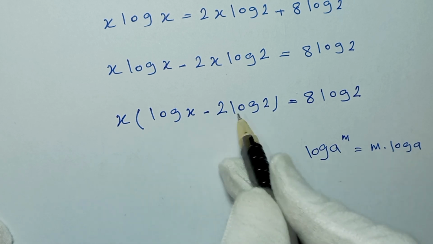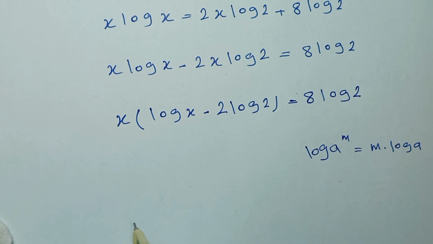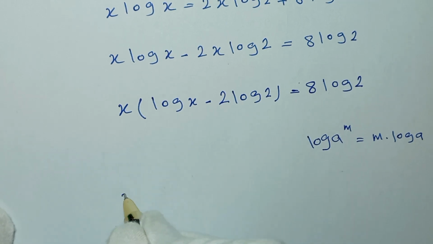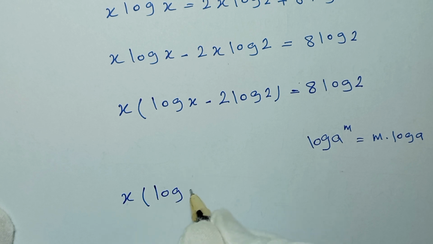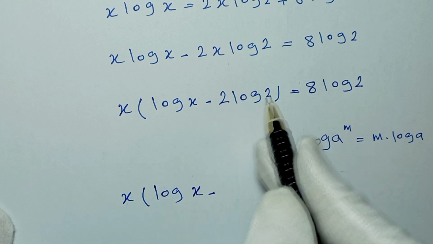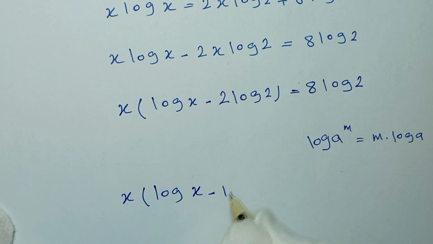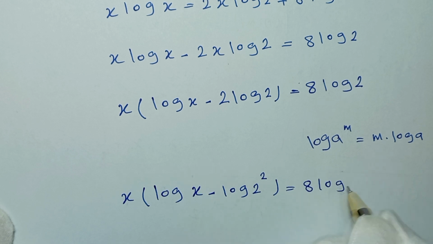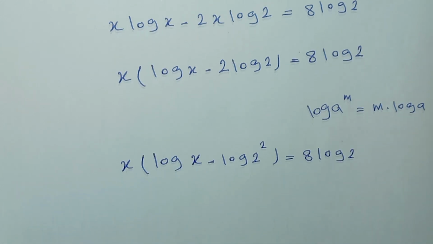And here log of 2 to the power of this 2, so it will be x times log of x minus log of 2 to the power of 2 is equal to 8 times log of 2.